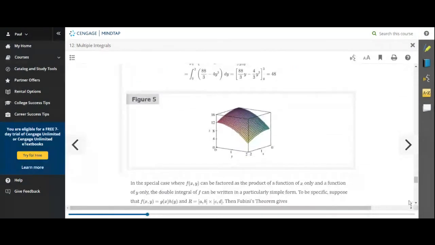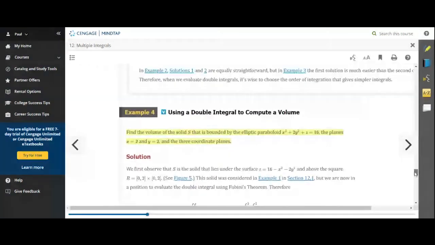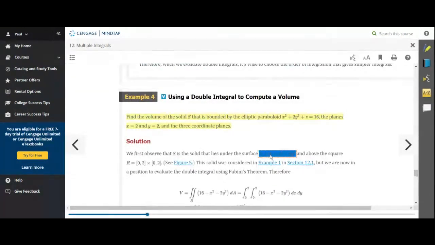This is a picture in Figure 5 of our surface. Well, what is the surface? The volume is bounded below by the xy plane and above by the paraboloid.